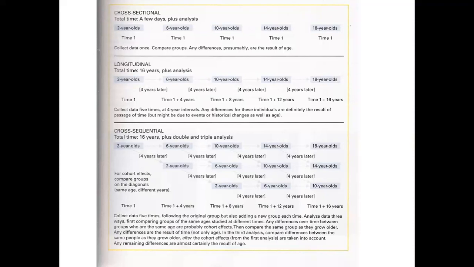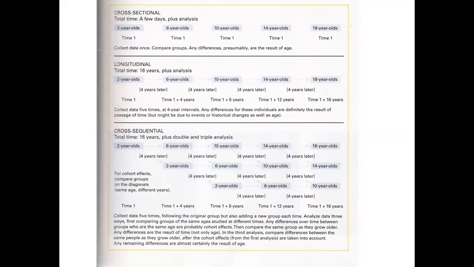Now, a cross-sectional design, I said you get the best of both worlds. So you might have that first group that started at 2, then 6, then 10, and 14, and 18. But now you're going to add another group. So you're going to compare in point B, the 2-year-olds versus the 6-year-olds.